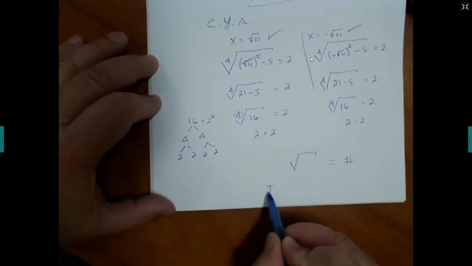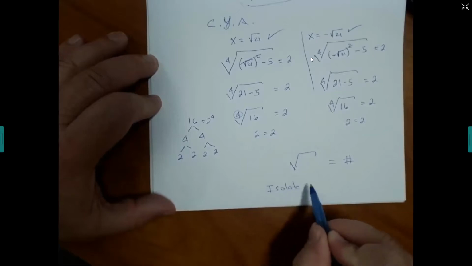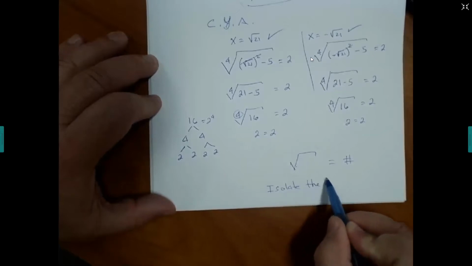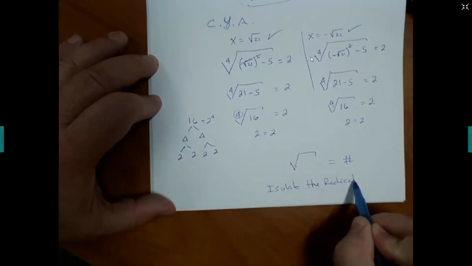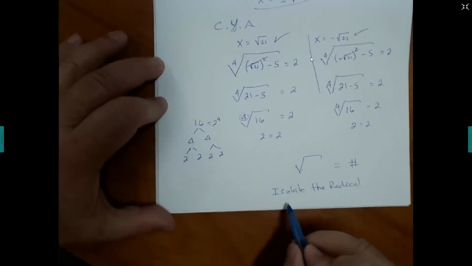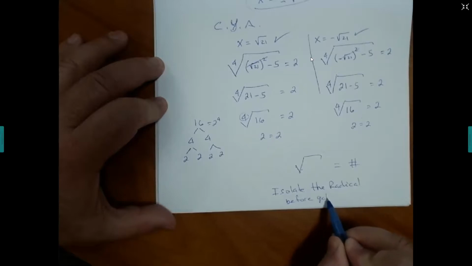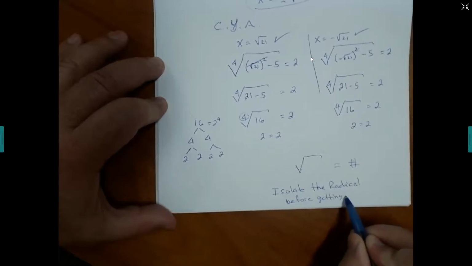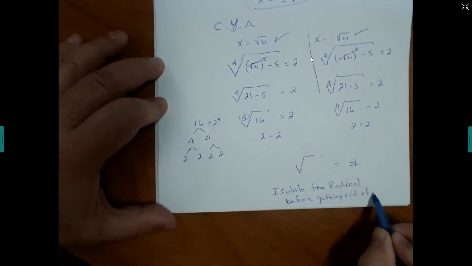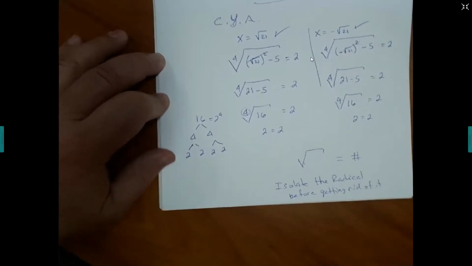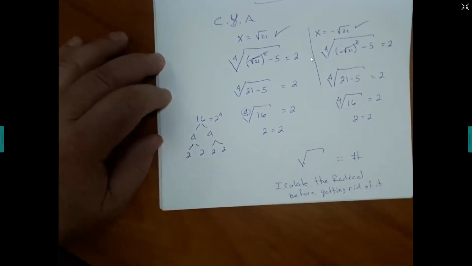So we have to isolate the radical before getting rid of it. You have to isolate the radical before you can get rid of it. So it has to be by itself on one side.